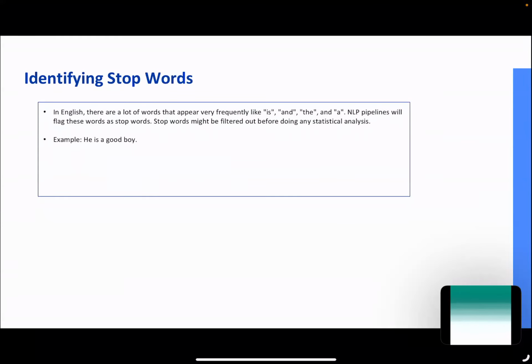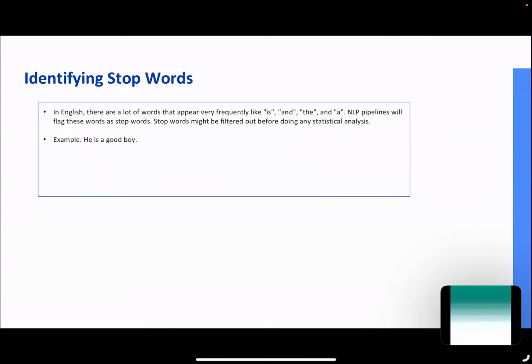So the next step is to remove stop words, because stop words are useful for speaking, but they might not be useful for the NLP process. It is not a fixed or mandatory step, but depends on the problem that we are considering.